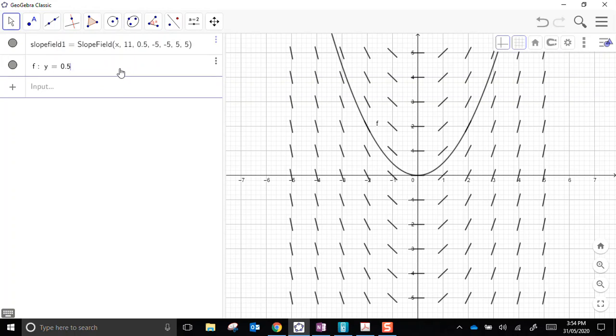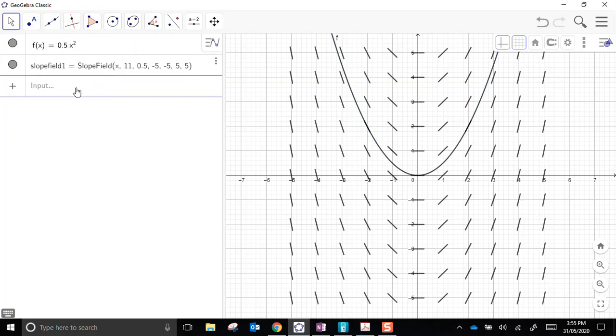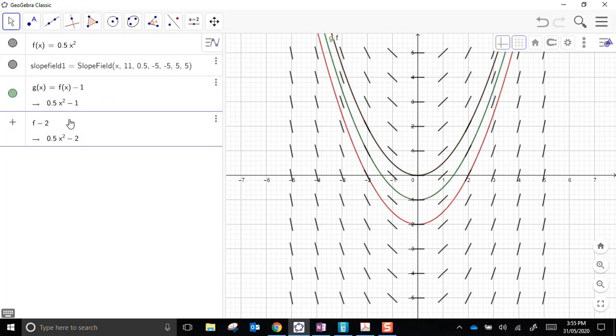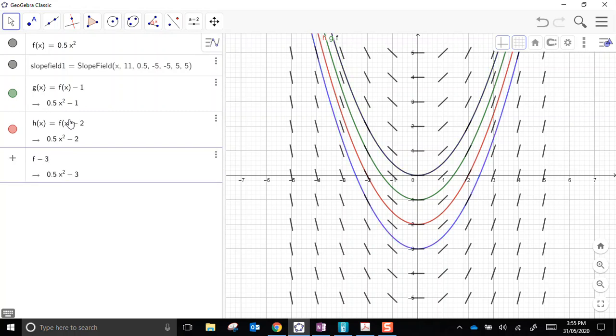Let's try again from way back up here. Let's define this as f of x equals 0.5 x squared. Now we'll see if we're happy with an input of f minus 1. That's better. F minus 2. F minus 3. That's the one that we were looking for in our example.